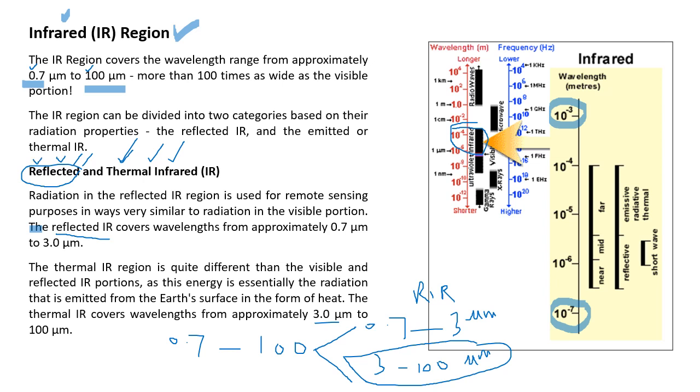You can study the water content in the soil also, like soil moisture. You can study the vegetation very well with the help of reflected infrared energy, while thermal infrared is used to study the temperature on the surface of the earth. So remember these bands here.